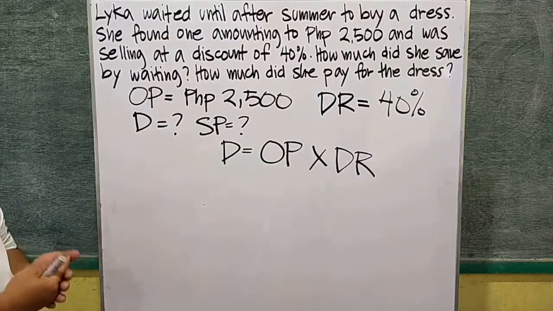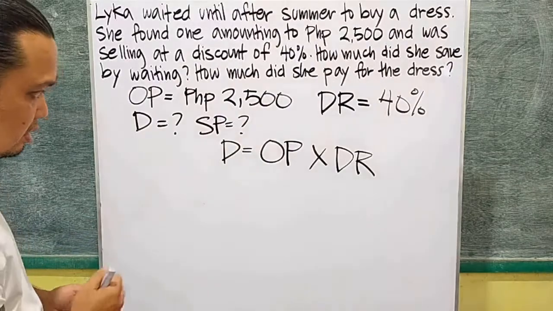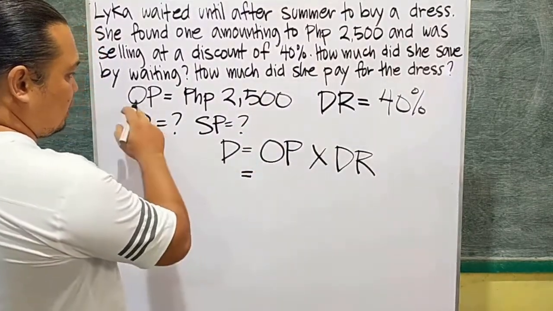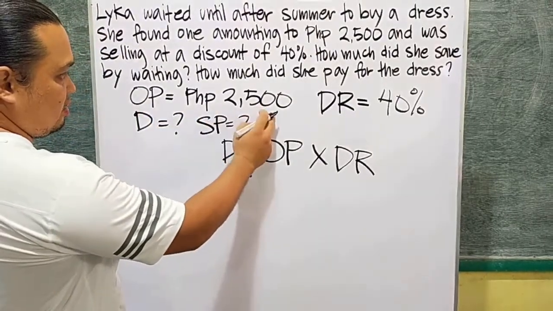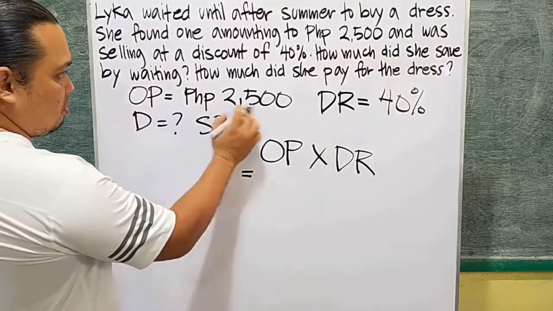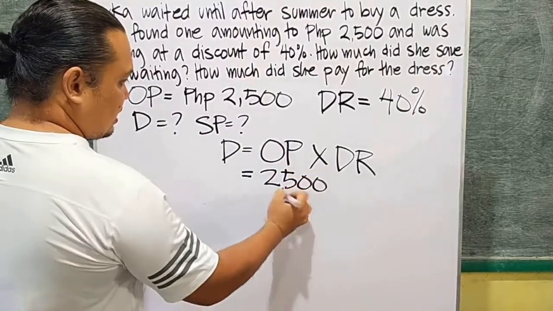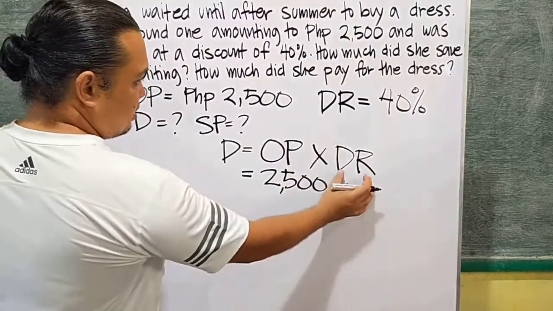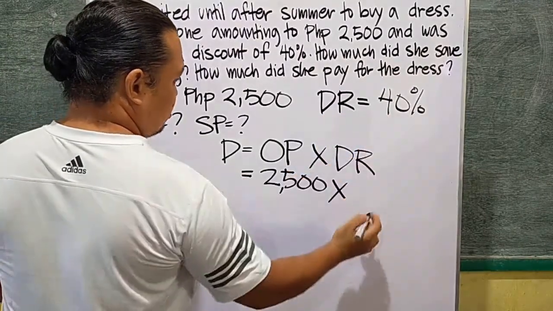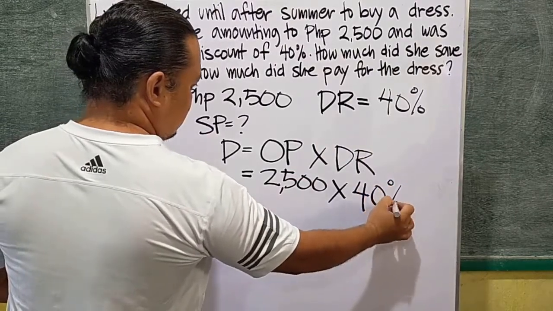Let's just substitute the given based on the formula. So let's get the discount here. OP is 2,500 pesos, times DR. DR is equal to 40%. So let's substitute 40% here.